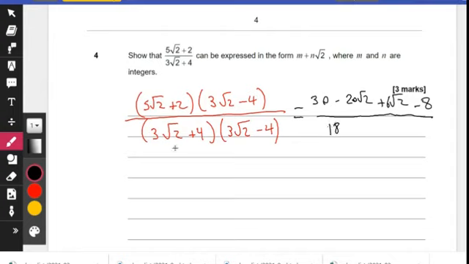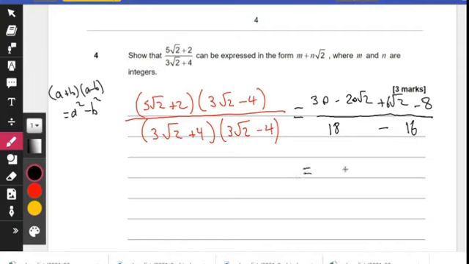And then the middle terms are going to cancel. So it's actually going to be 18 minus 16. We'll notice that this is a difference of 2 squares. So this bottom bit resembles a plus b, a minus b, which expands to a squared minus b squared. So I can expand that to say 18 minus 16.